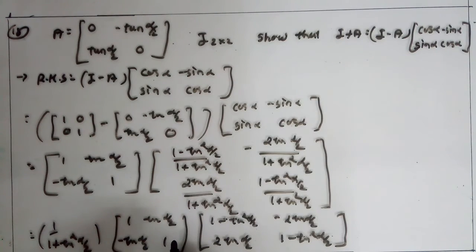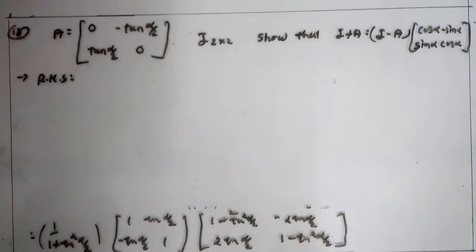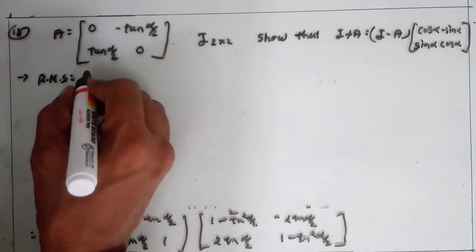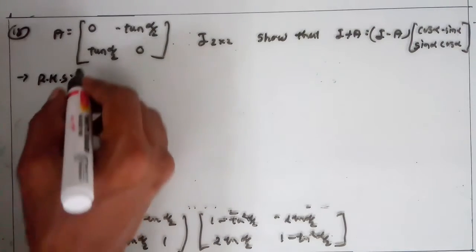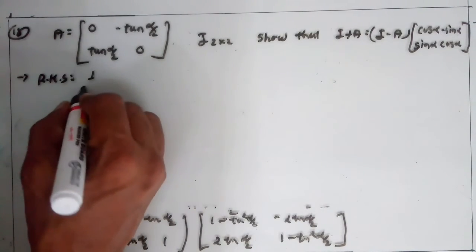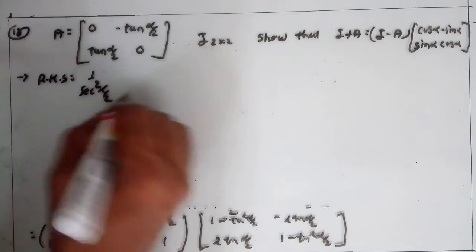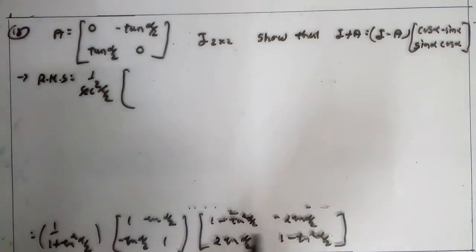You know how to do matrix multiplication. 1 into this, that is 1 minus tan square alpha by 2, plus tan alpha by 2 into this becomes 2 tan square alpha by 2. Clear? So here 1 upon 1 plus tan square alpha by 2, that is 1 upon sec square alpha by 2, into matrix.